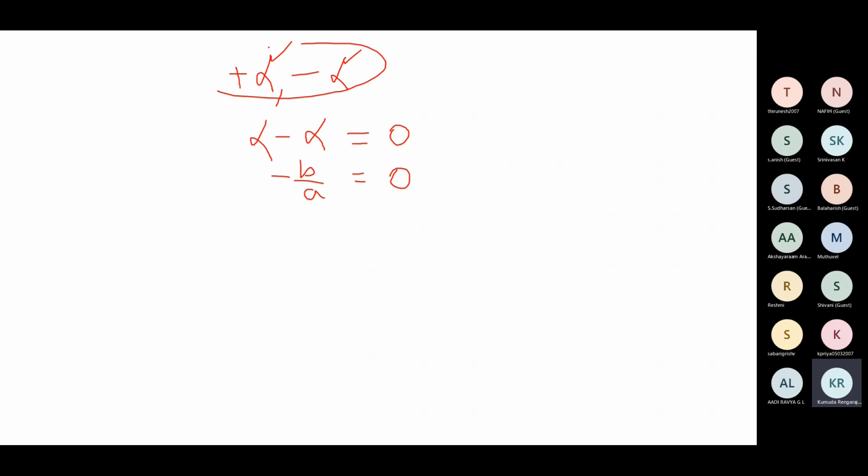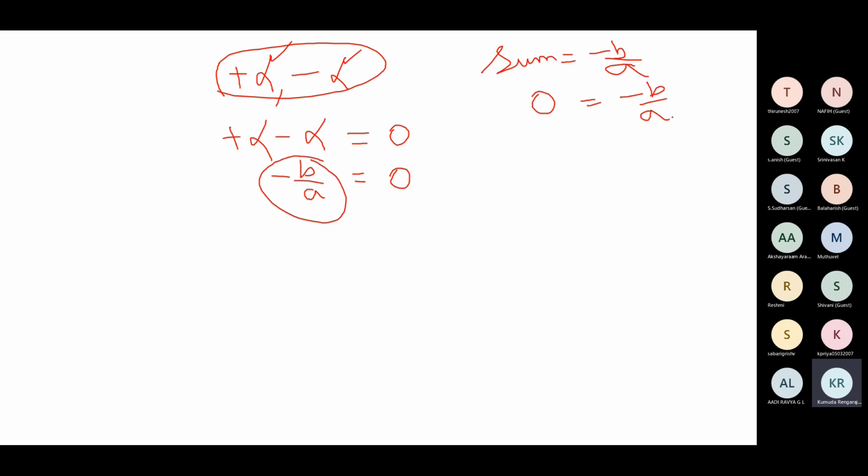When you find the sum of these two zeros, I'm not subtracting: plus alpha minus alpha is 0. The sum is equal to minus b by a, so 0 is equal to minus b by a.